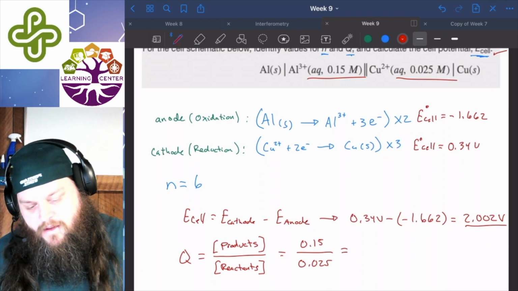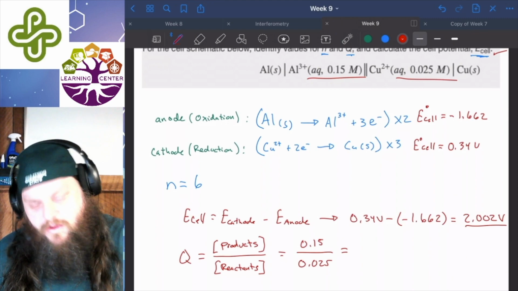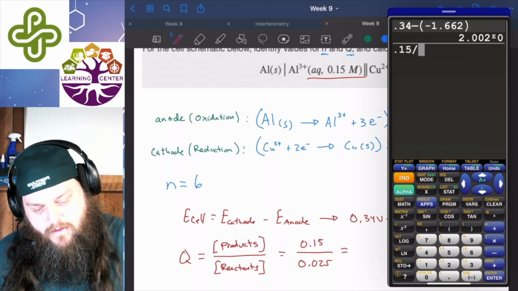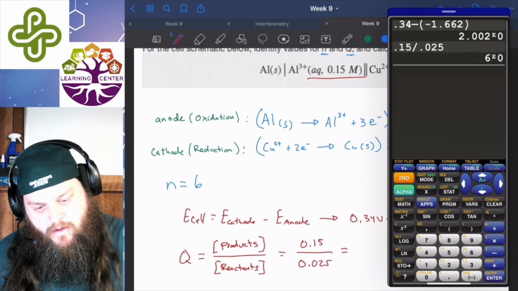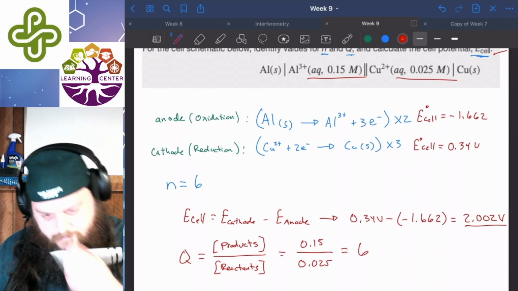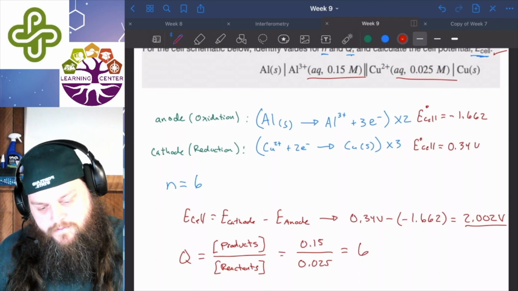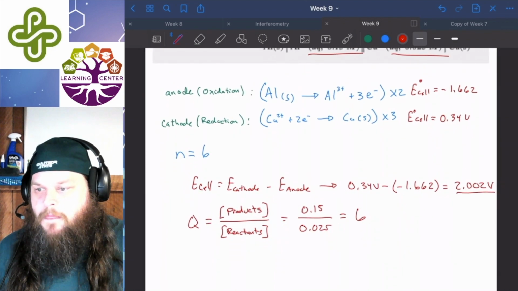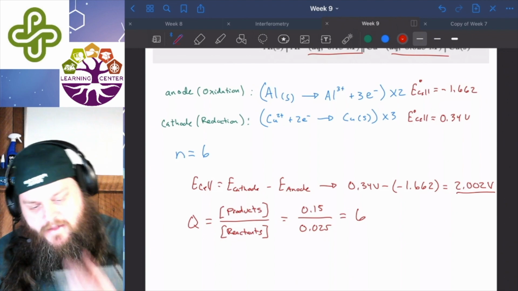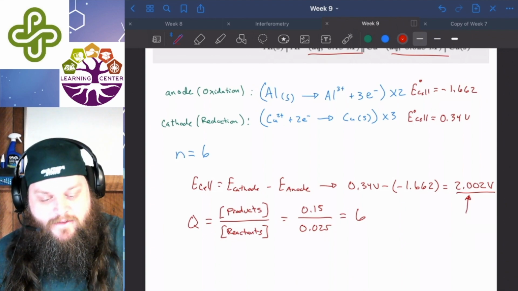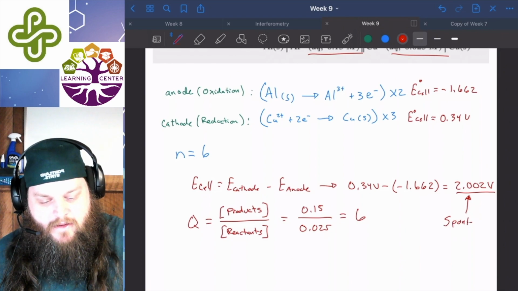If we write that, that's our Q value, which is going to be 0.15 divided by 0.025, which is equal to 6. We can see based on this positive voltage that it will be a spontaneous reaction.